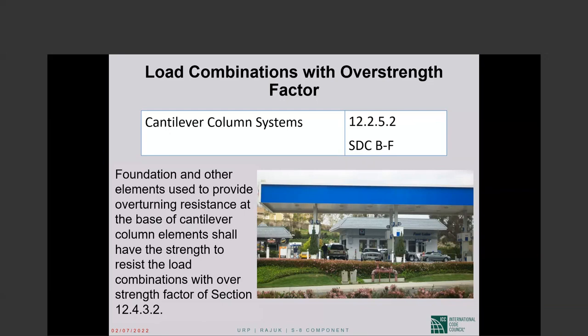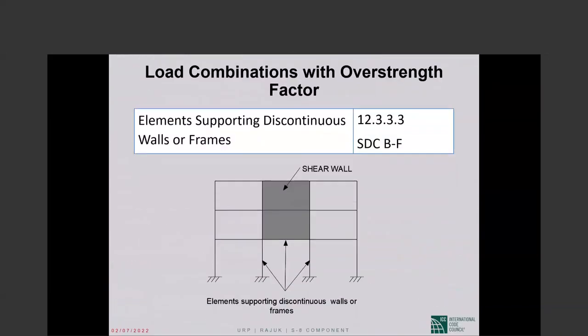The entire seismic resistance comes from the connection of the frame to the foundation, of the column to the foundation. And so that foundation and other elements used to provide overturning resistance must be designed using the load combination with overstrength factor. This particular requirement is not in BNBC, probably because you do not use this system, at least not much.